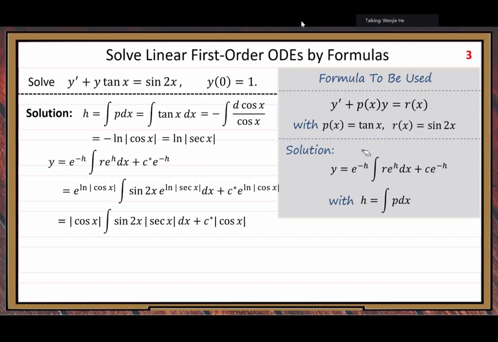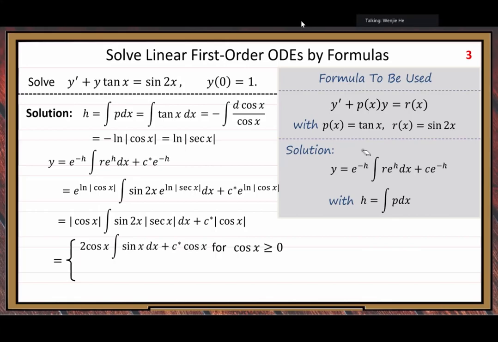Then we need to discuss this absolute value sign. We cannot remove it directly. The situation could be complicated, so we should be very careful. We need to consider two different cases. The first case is under the condition that cosine of x is non-negative, then the absolute value is gone.